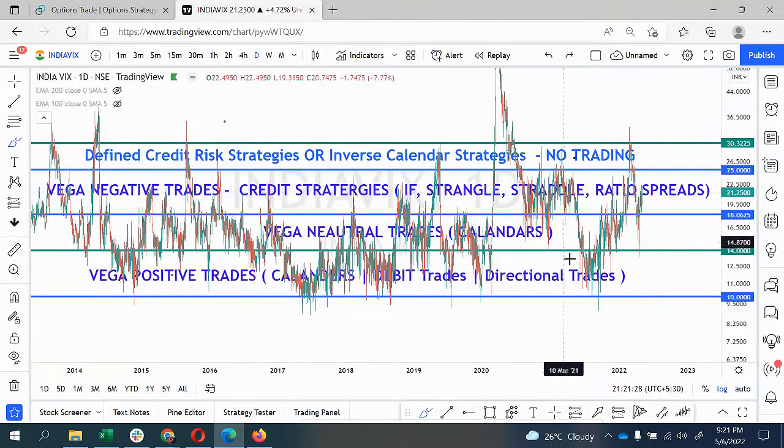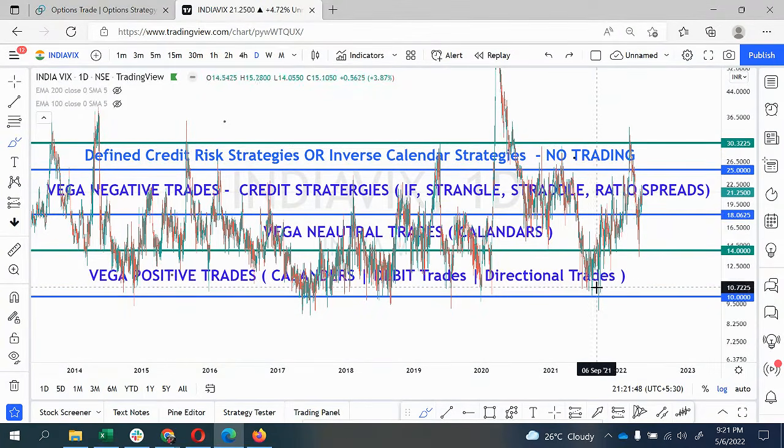All right, I'll tell you a few examples. It doesn't make any sense to deploy a calendar when the VIX is between 25 and 30, because you will end up paying a huge amount for the debit, and when the VIX starts falling, you will have huge decay in your buying position, so you'll end up in loss.